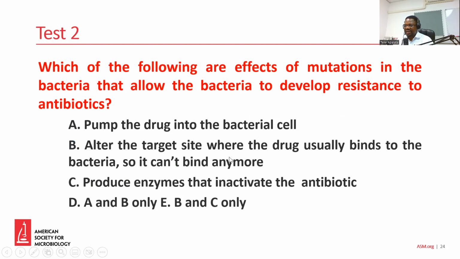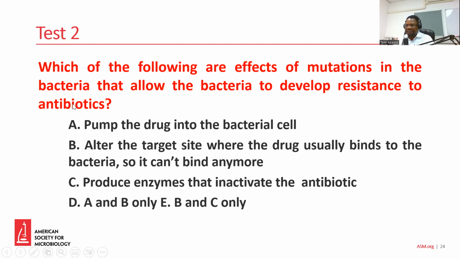B, alter the target site where the drug usually binds to the bacteria so it can't bind anymore. Is it the effect of mutation? C, produce enzymes that inactivate the antibiotics. Then D, A and B only, or E, B and C only. So pause your video for 30 seconds and think about the correct answer.